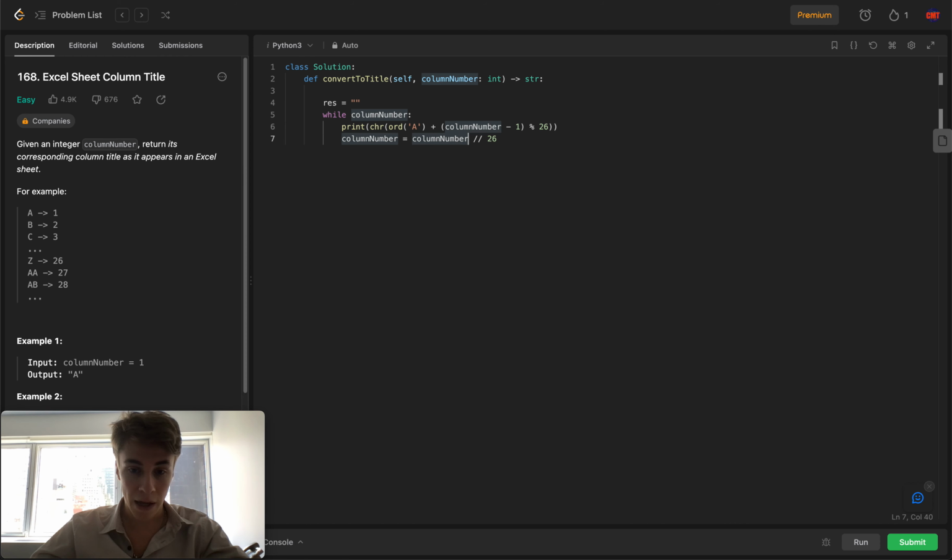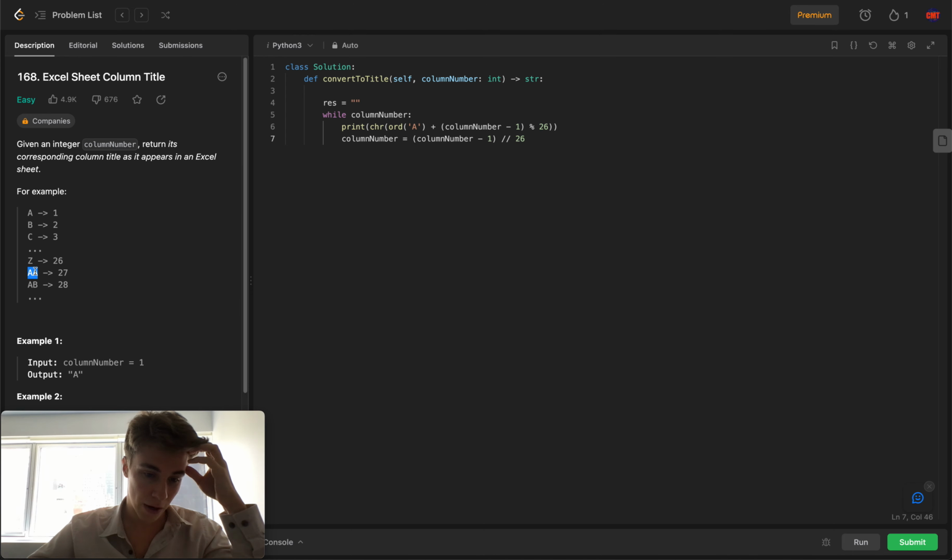Well, because of that, I need to indicate that I have that property by saying column minus 1. What that's doing is essentially skipping one representation. How do I say this?